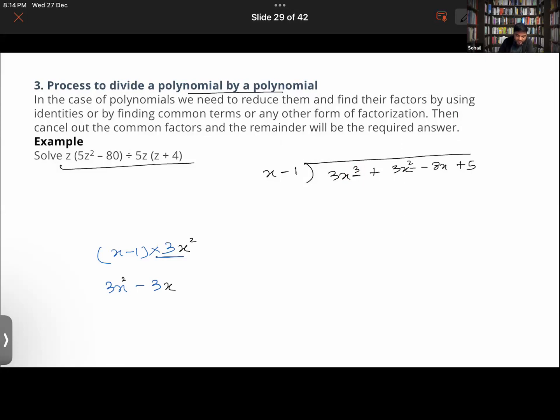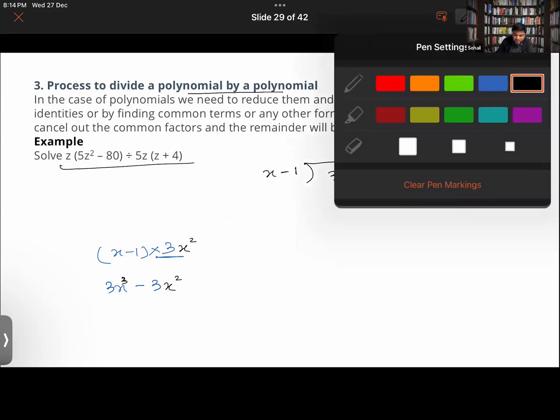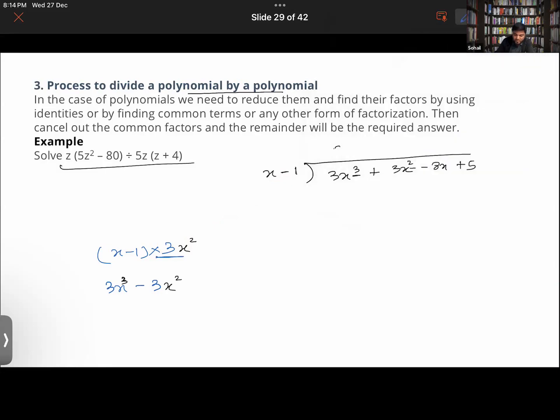When I multiply the given polynomial with 3x square, we get 3x cube minus 3x square. Everyone getting this or not? Okay, so we are getting 3x cube minus 3x square.